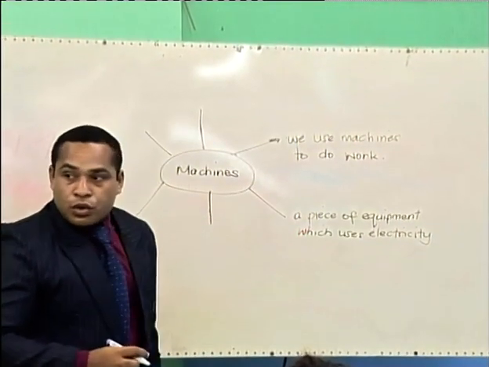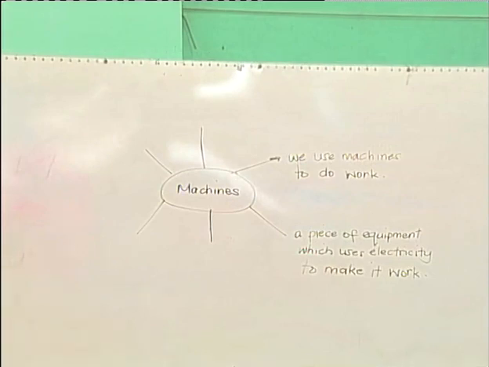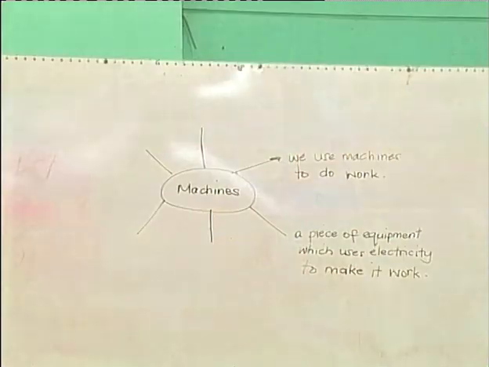Any more? Donald, thank you. Something with several parts that work together to do a job. Okay, in other words, we can say things that help us to do work.